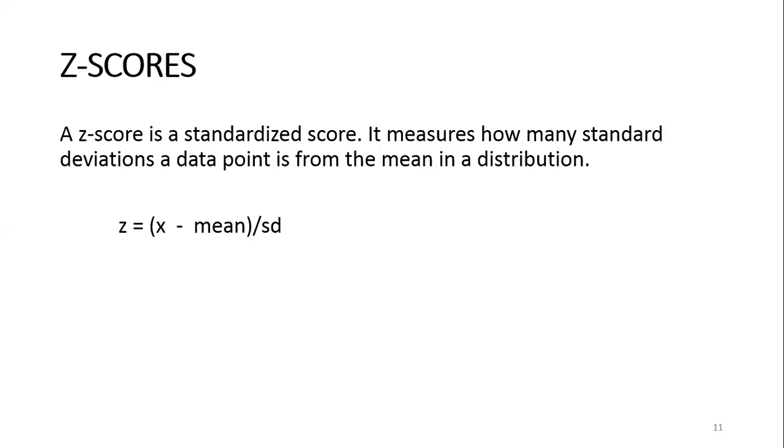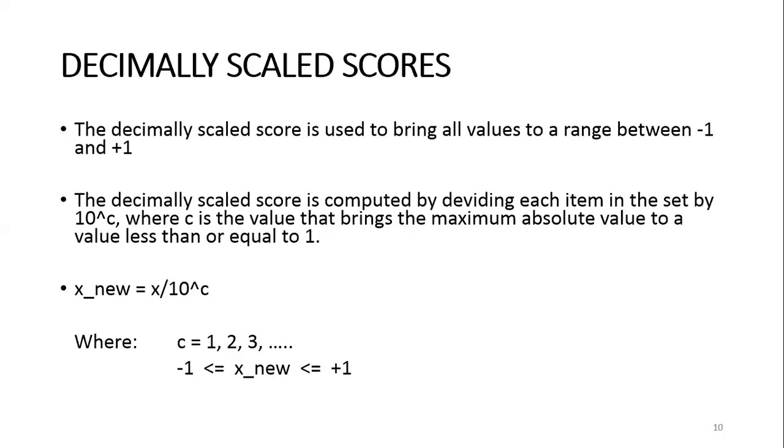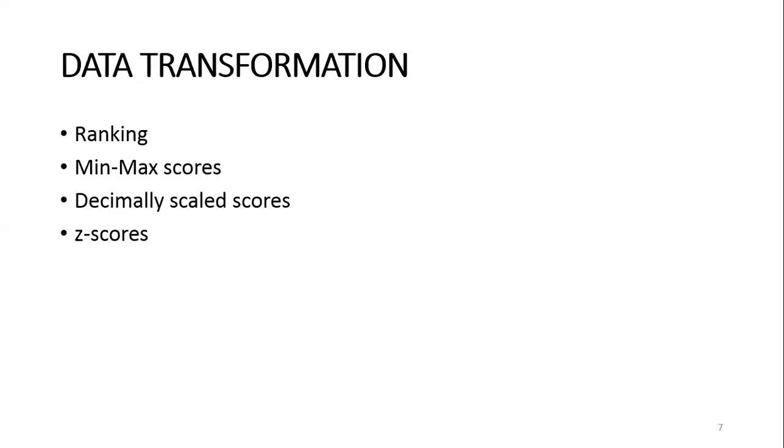So the purpose of data transformation is to streamline data so that the values become small and the entire range of values also appears small, thereby making for efficiency in analysis.